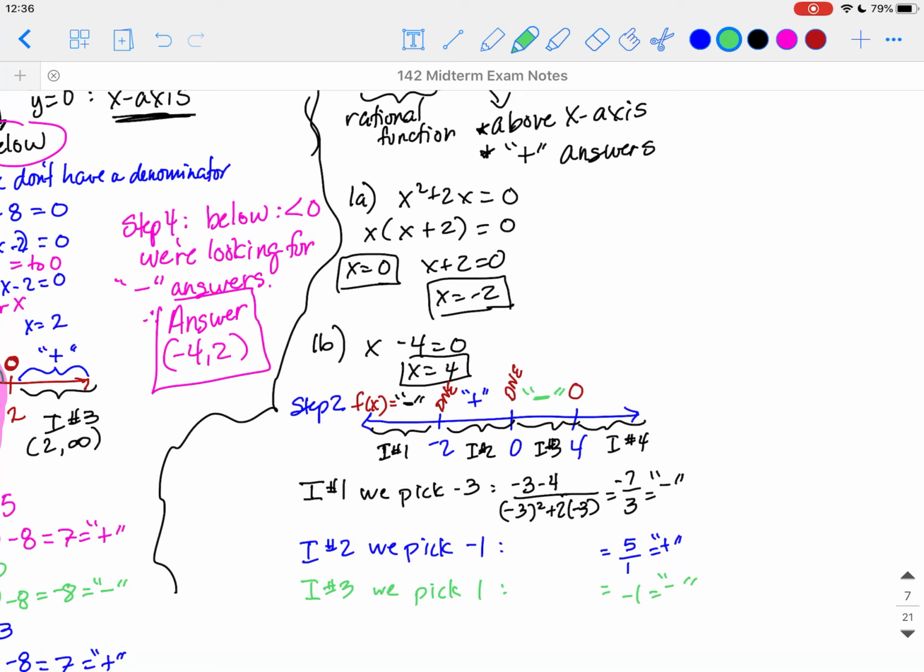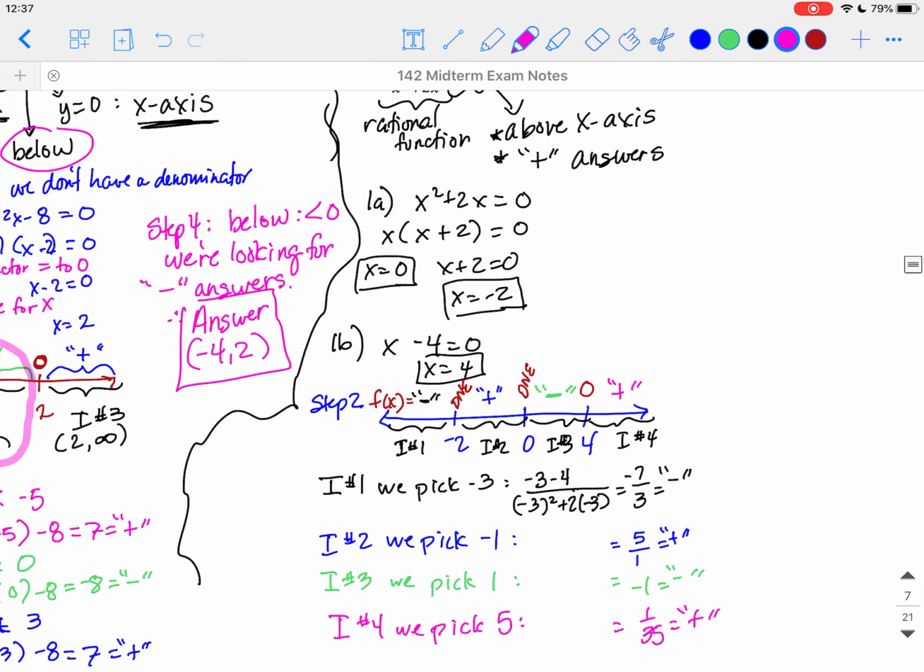And the last one, interval number 4, it has to be a number greater than 4. So let's say we pick 5. And after you do that whole substitution, you're going to get 1 over 35, which again, we're just concerned with the fact that it is positive.